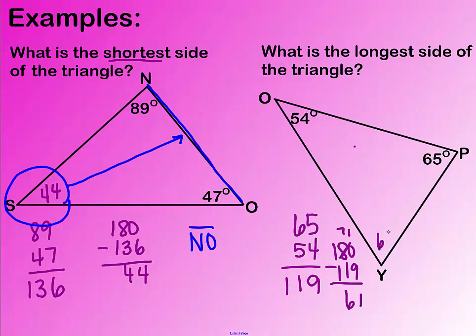I get 61. I want the longest side, so I have to find the biggest angle. Well, that biggest angle in this triangle is going to be 65. So I go across from it, and I find that the longest side is OY.